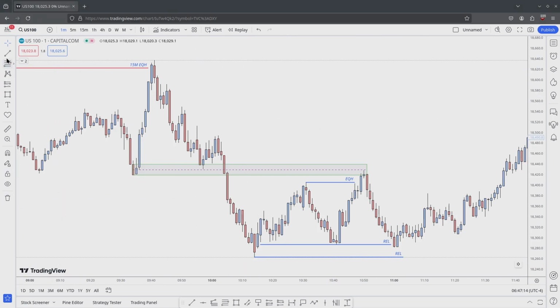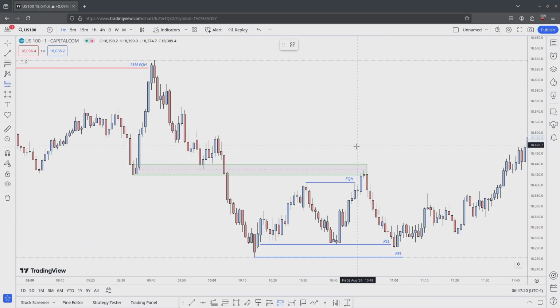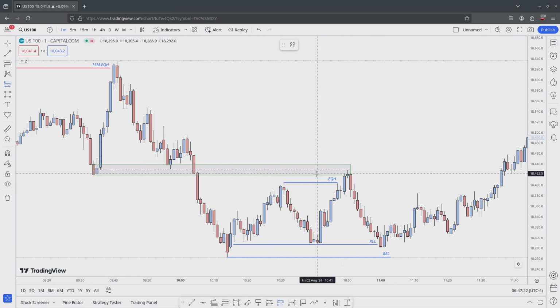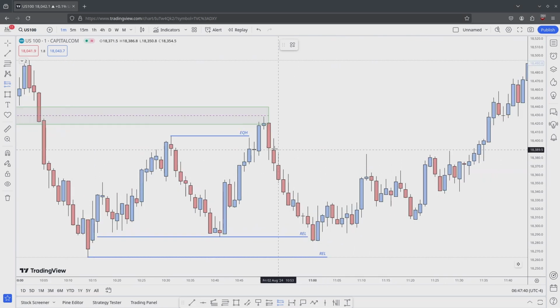So for this one here, we will look at the short. As soon as we trade into this breaker block, you wait for price to reach up into consequent encroachment or the main threshold of the breaker block. Price does so right there.